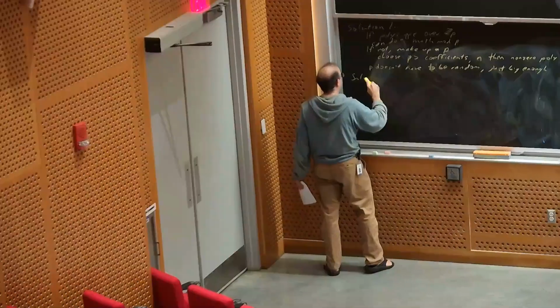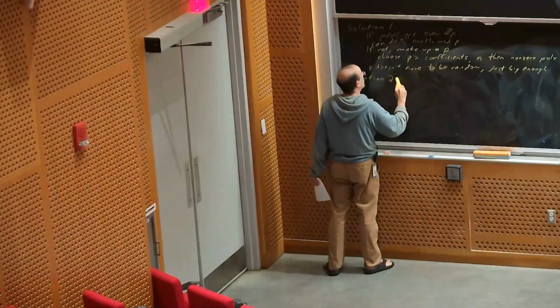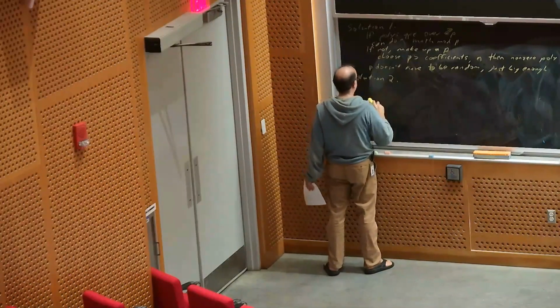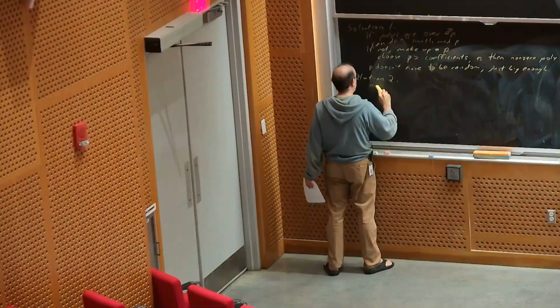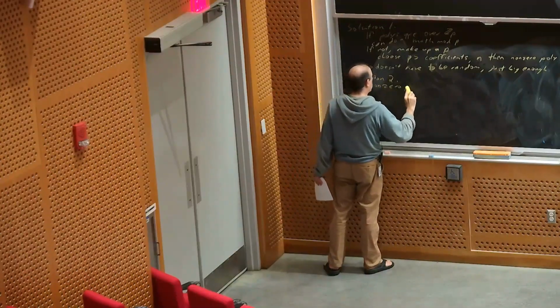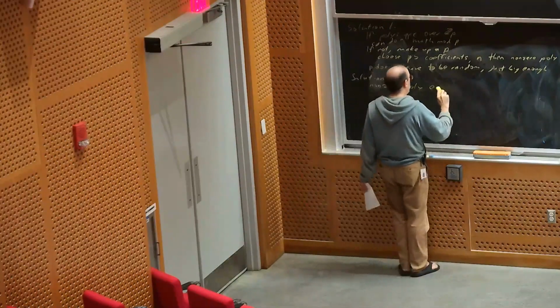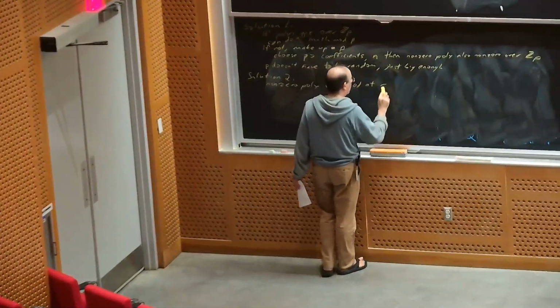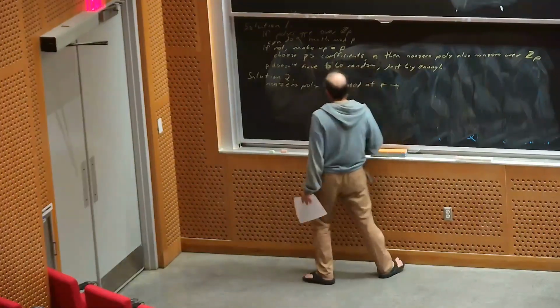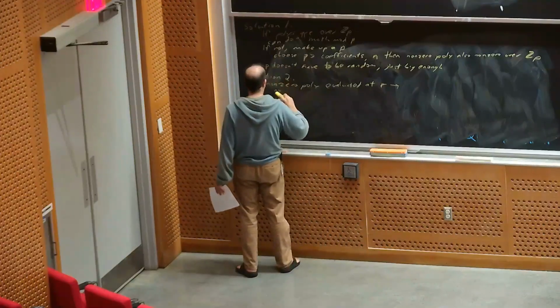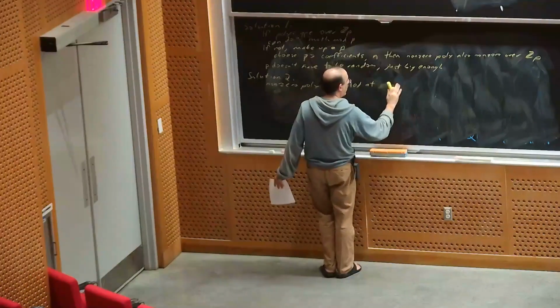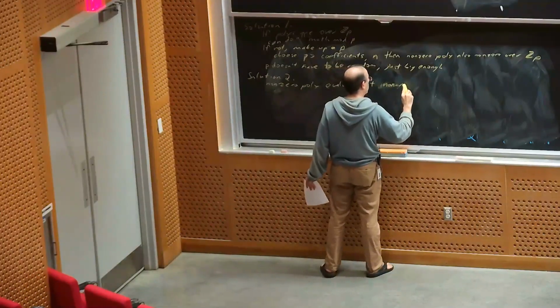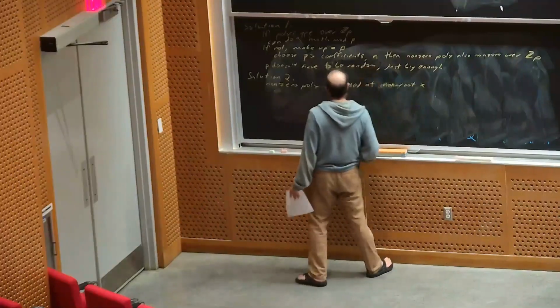Solution 2 is to say, right, we have this non-zero polynomial evaluated at R. So we get a number, let's say a non-root, right?